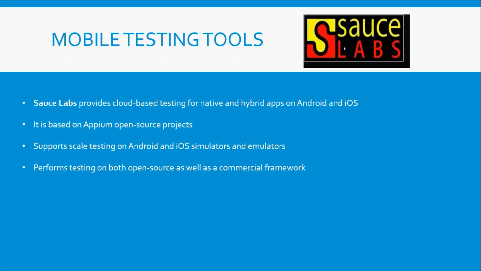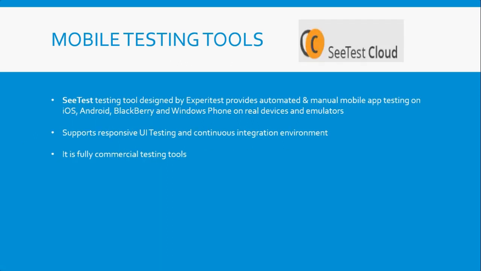To be honest, I'm just giving you the overview of these applications. I think it would be good for you to Google them, read up about them, and have more knowledge and understanding of what they are. CTS Cloud is also another mobile testing tool. If you Google different types of mobile testing tools, you would have up to like 50 different types.